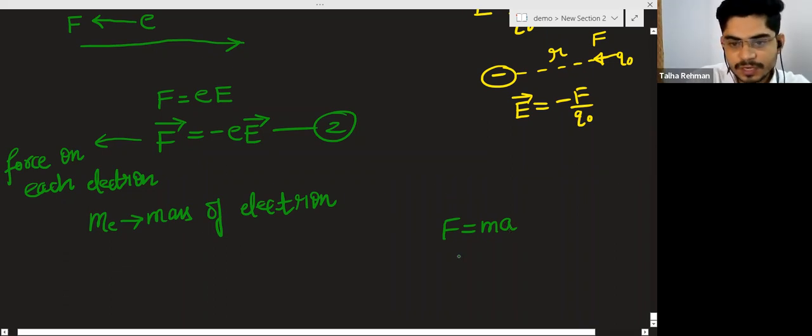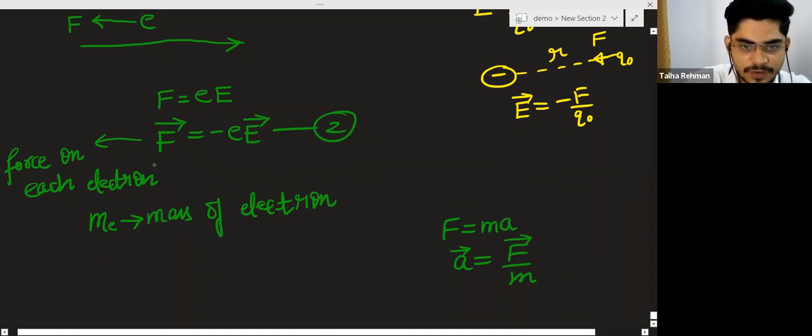And from here, if I want to calculate the acceleration, then force upon mass. So if I want to calculate the acceleration of the electron, I can write F upon the mass of the electron.